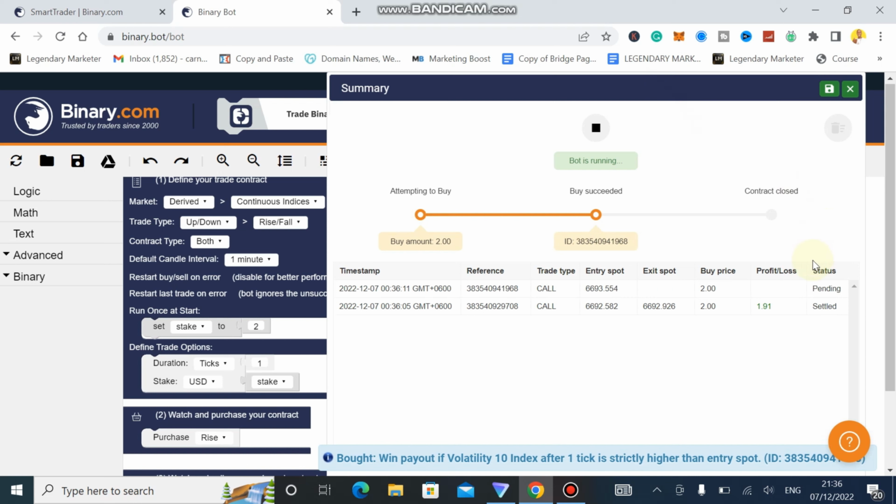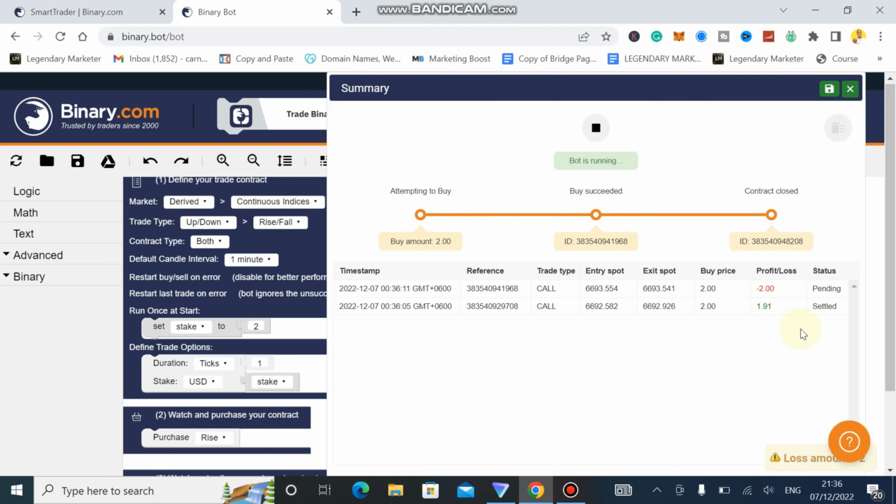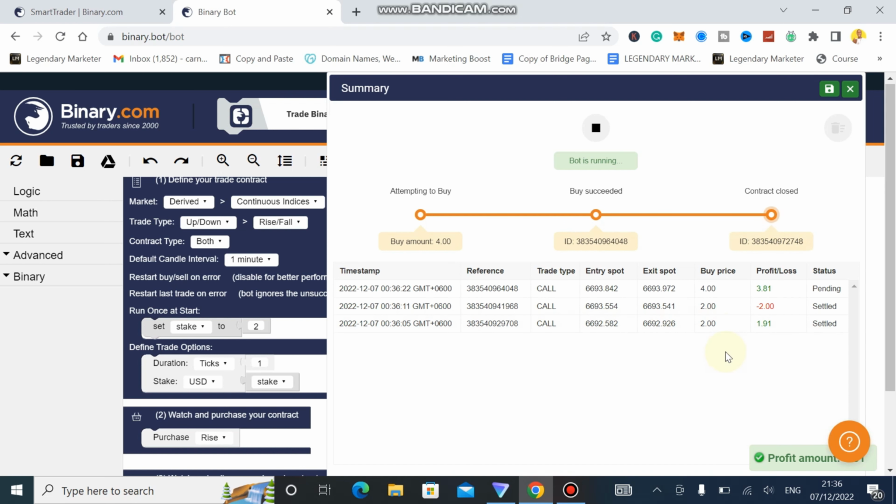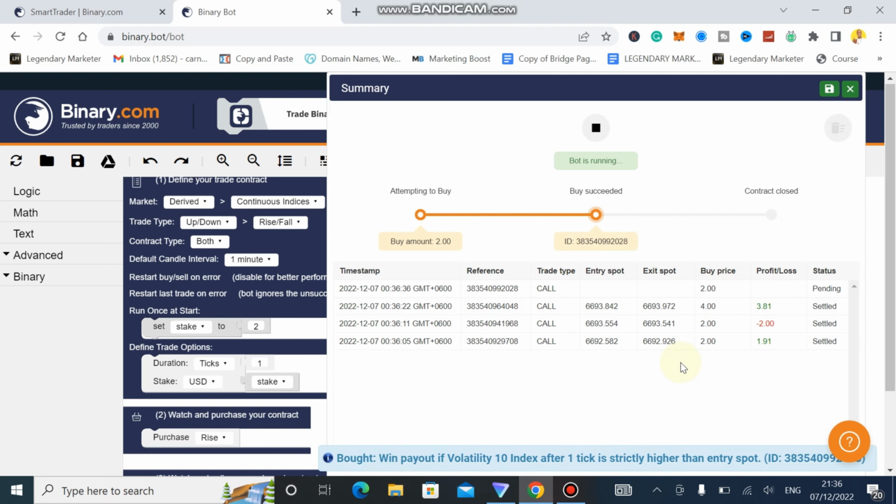The concept is that when the bot loses, it's going to multiply by 2. That's the Martingale. The initial stake is 2, but the good thing is that when it loses, let's say it loses up to 3 times in a row, it's going to multiply by 4, by 8, and by 16.